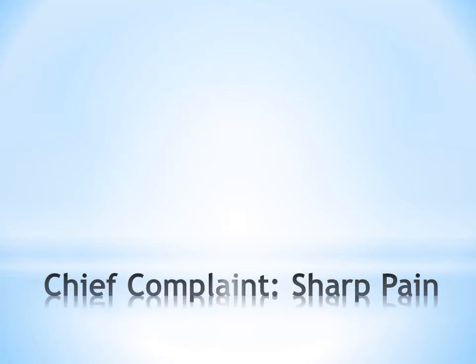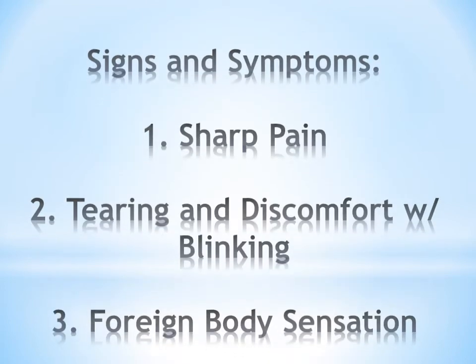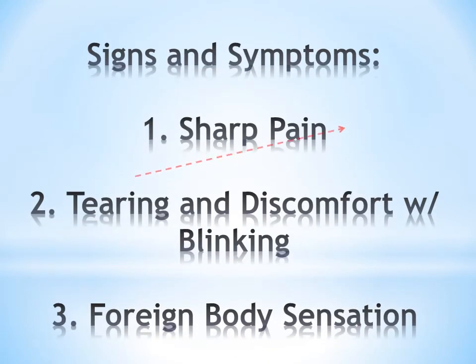Patients with acute corneal abrasion usually come in complaining of sharp pain in the affected eye. As you can imagine, it causes grave discomfort, warranting it as an emergency. Other symptoms are as follows: tearing and discomfort when blinking, and the feeling of having something in your eye.